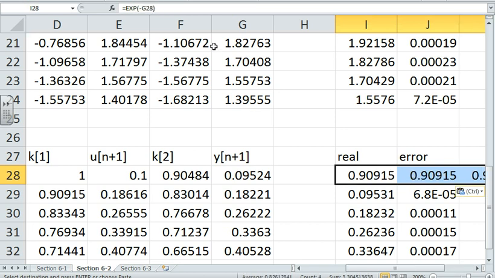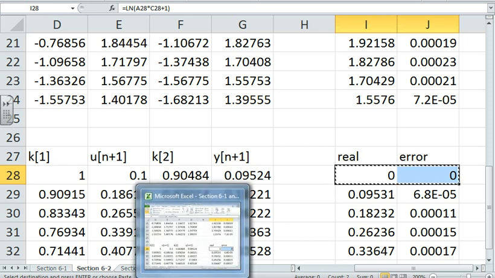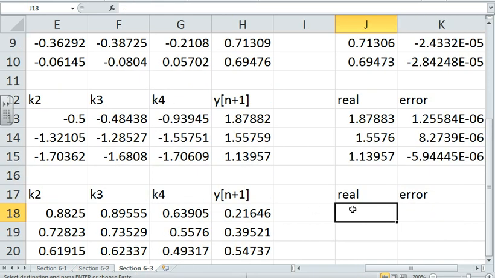Don't want to do that. Undo. Copy. Paste. All right, well, that's obviously wrong. Natural log x plus 1.